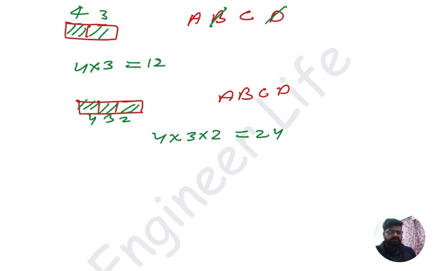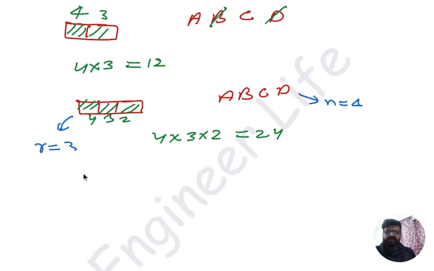Suppose I take the number of candidates as n, and here the value of n is 4, and I take the number of chairs as r, and here r is 3.